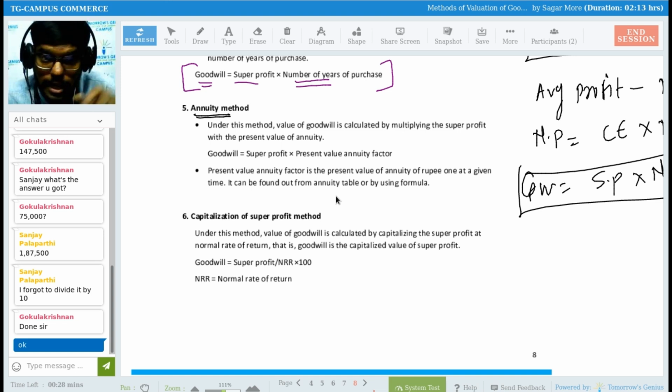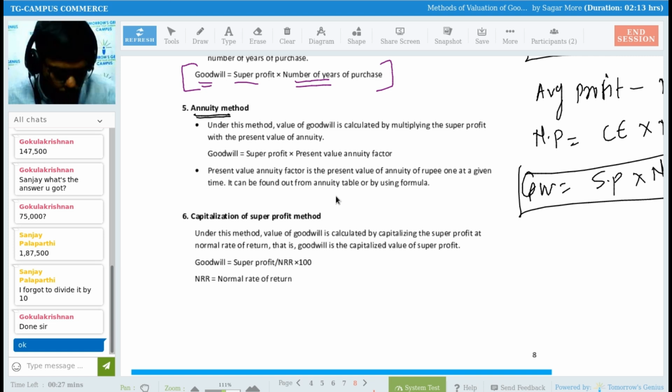You are interested in knowing the value of that 2000 and 3000 rupees today, right? What is the true value? What is the current value? What is the true value of that money today? And that is known as present value.